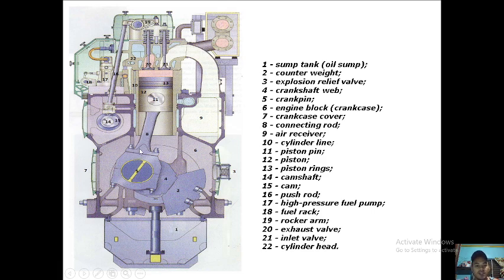8 is the connecting rod. 9 is the air receiver, where the air from the turbocharger goes in. 10 is the liner, the cylinder liner. 11 is the piston pin, 12 is the piston, and 13 are the piston rings or compression rings. 14 is the camshaft, 15 is the cam, 16 is the push rod, it pushes the rocker arm. 17 is the high pressure fuel pump, 18 is the fuel rack, 19 is the rocker arm. 20 is the exhaust valve, since it is colored red.